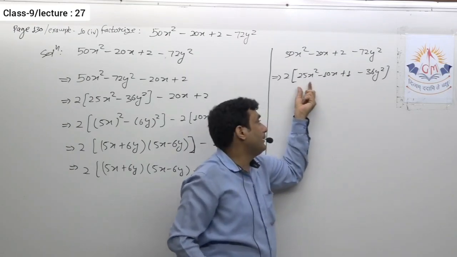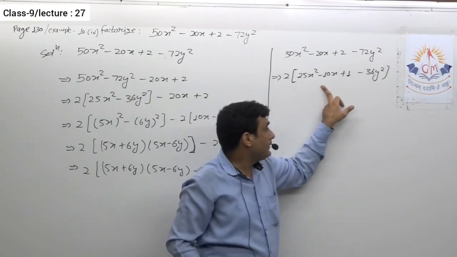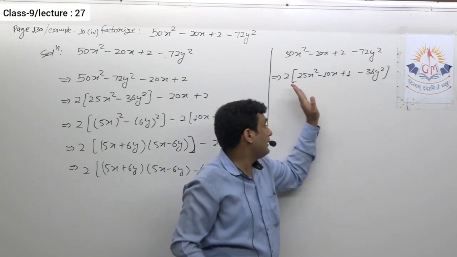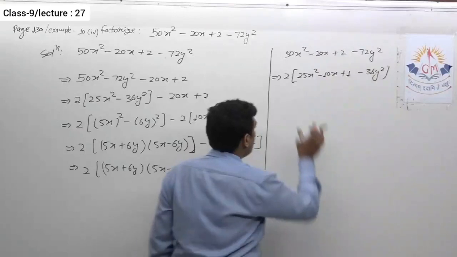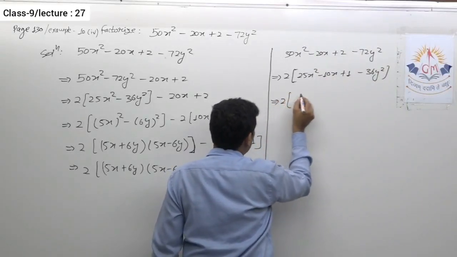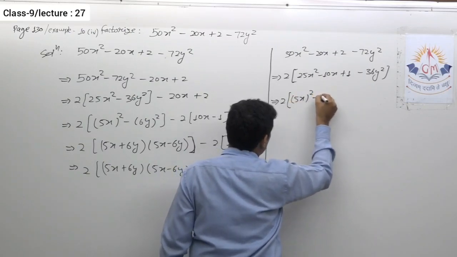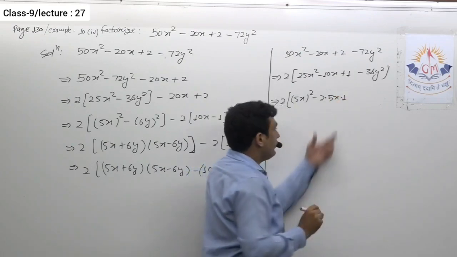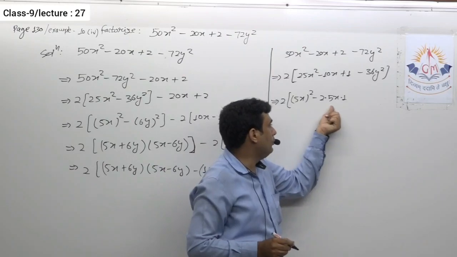These two terms are positive. If I consider this as a square and this as b square, then to complete the identity, this minus 10x should be minus 2ab. Then I can say a square minus 2ab plus b square. Let us see whether these three terms fit the identity of a minus b whole square. For that I write 5x whole square minus 2 into 5x into 1, just by applying the identity a square minus 2ab.